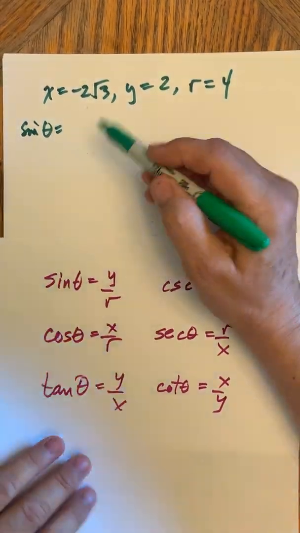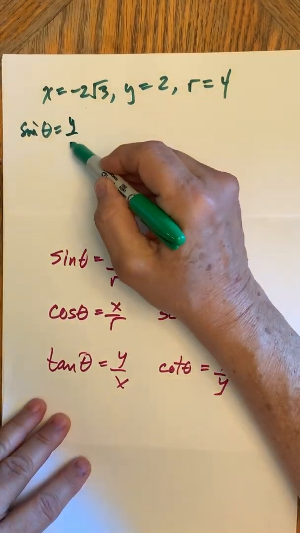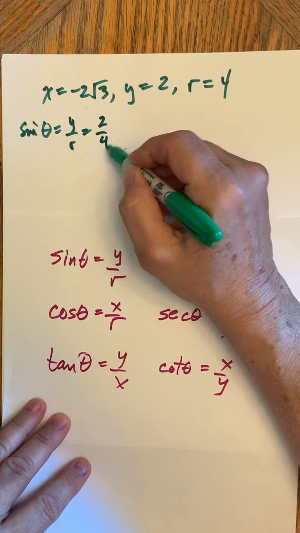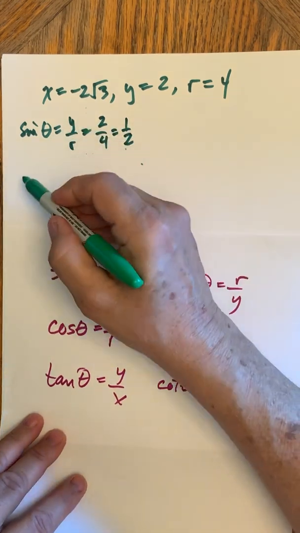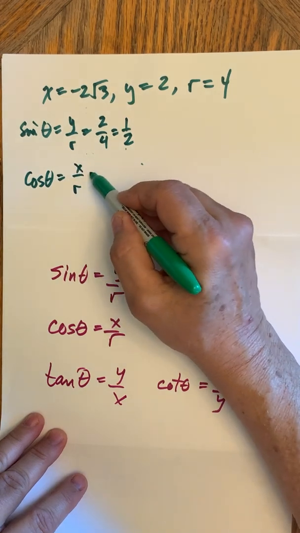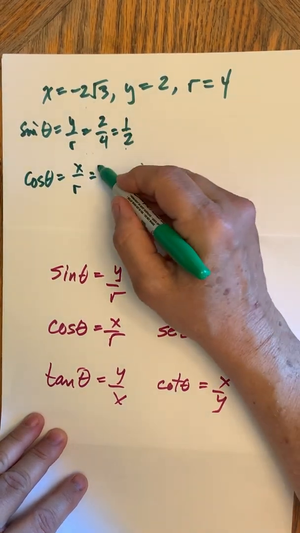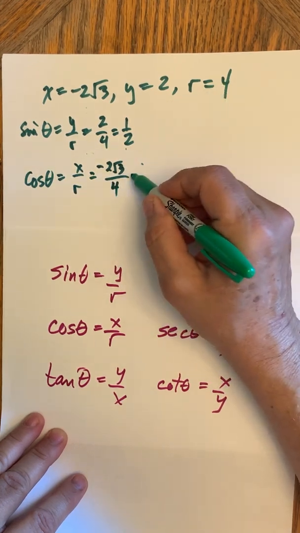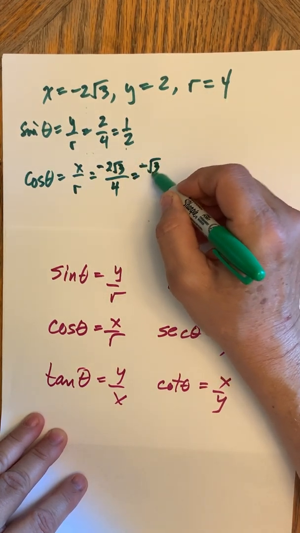So sine is y over r, which in our case is 2 over 4, or a half. Cosine of the angle is x over r. So x is -2 square root of 3 over r is 4. So I get negative square root 3 over 2.